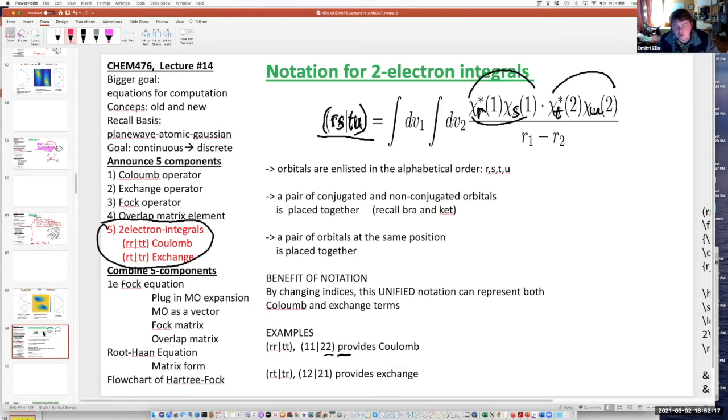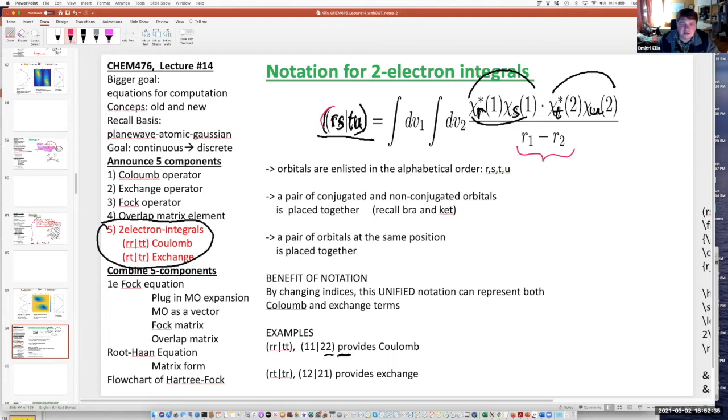And those people who were using it also designed shorthand notation for these two-electron integrals. To avoid writing this denominator with R1 and R2, they were using brackets.